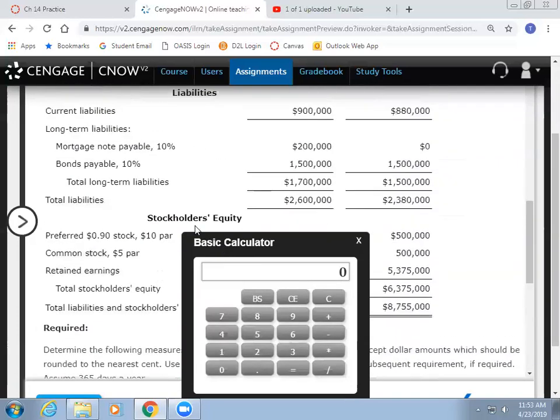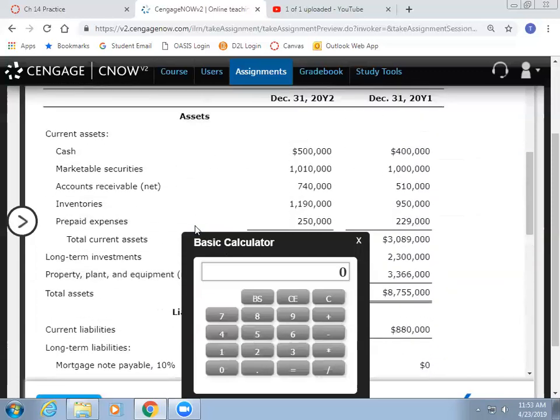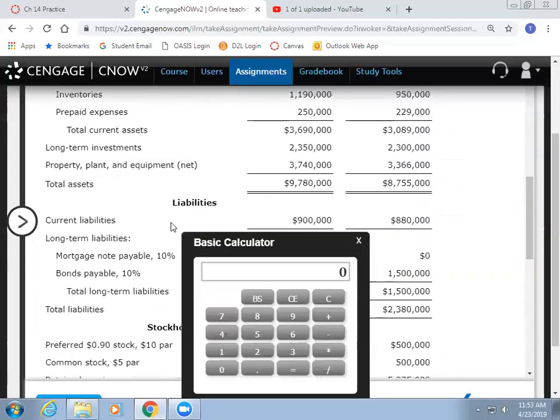Okay, so on my balance sheet, what are fixed assets? What would be another term for fixed assets? Current assets are different. What are fixed assets? What are some examples? Property, plant, and equipment. Very good. Property, plant, and equipment.